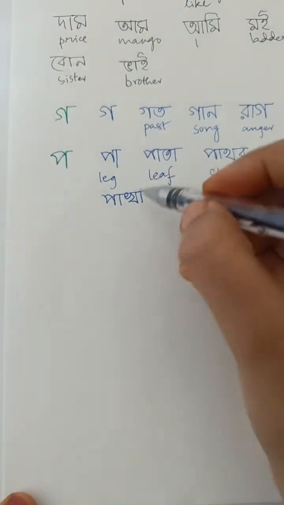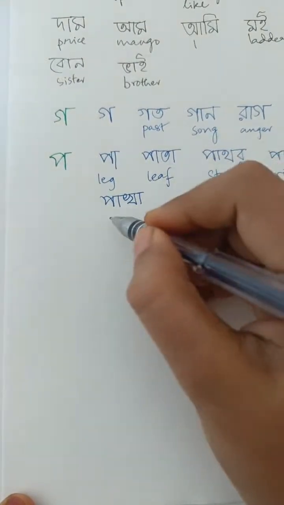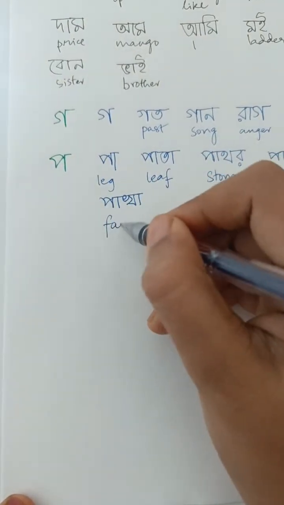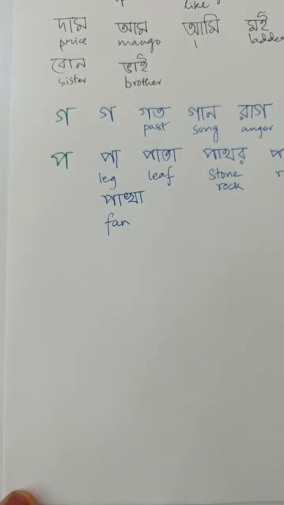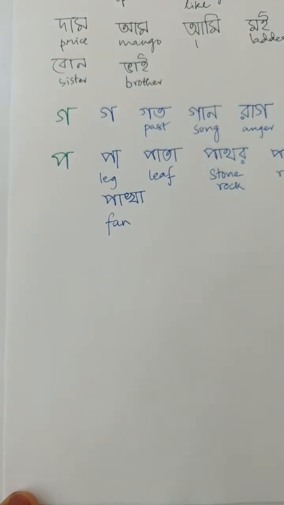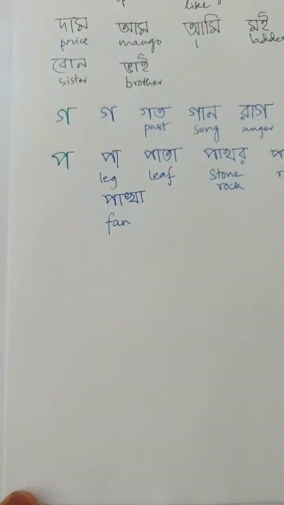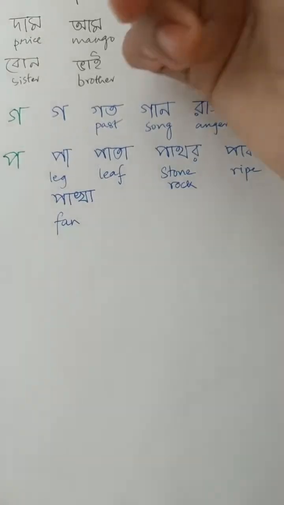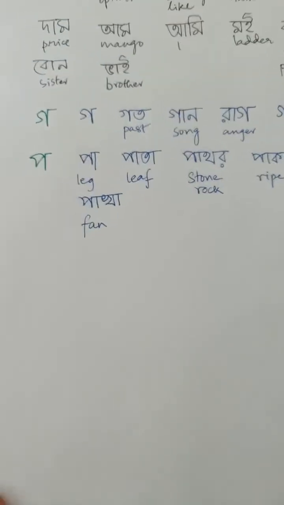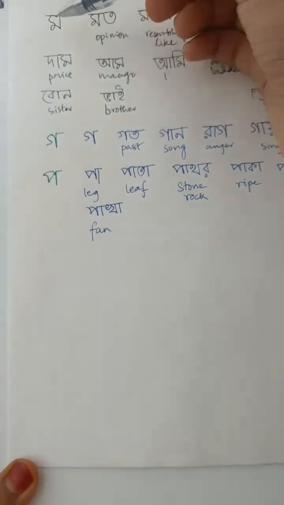Pakha. This should not have a matra. Kha does not have a matra. This means fan. So we have ga and pa. One note about ma here, this one.